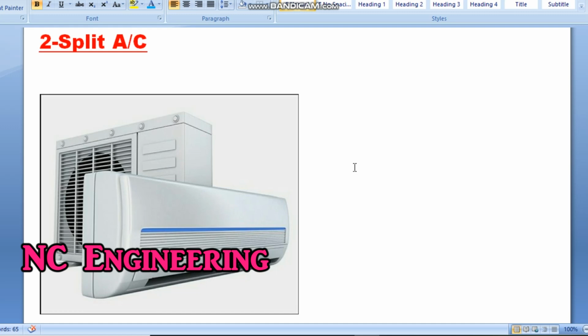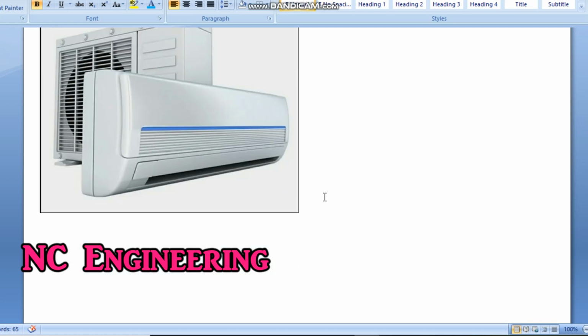But it is the most commonly used and most advanced version, and generally there is no noise inside the rooms where we use the split AC. It is generally used for offices, shops, decorative homes and medium range commercial purposes.